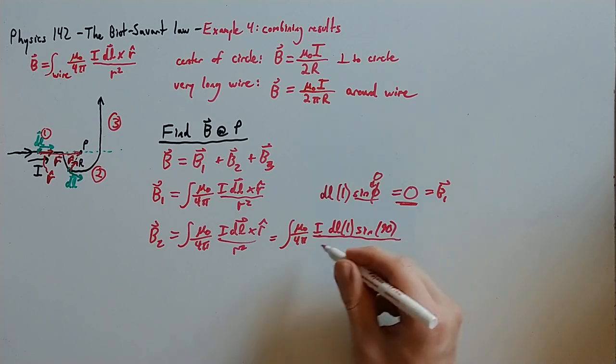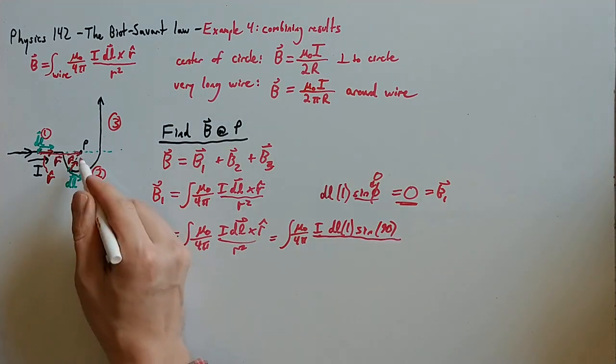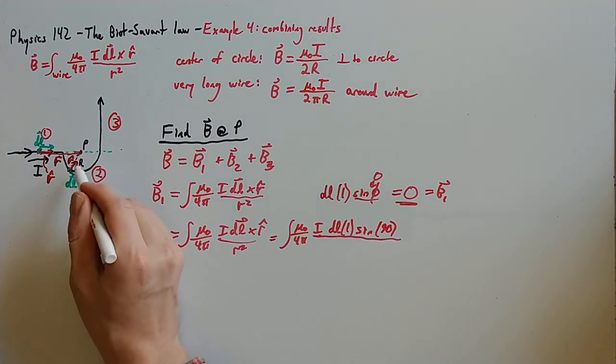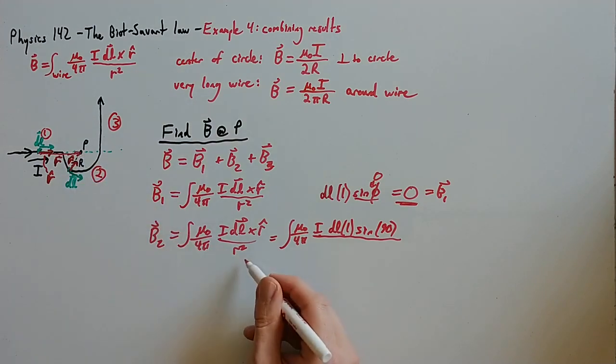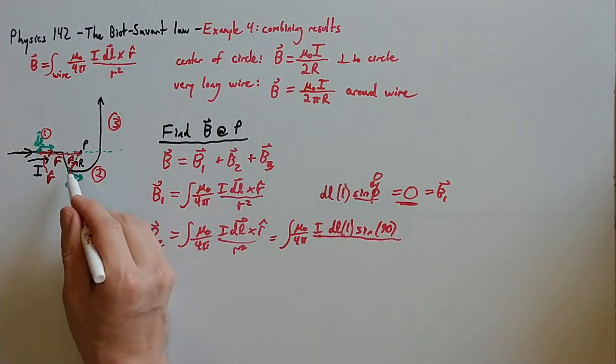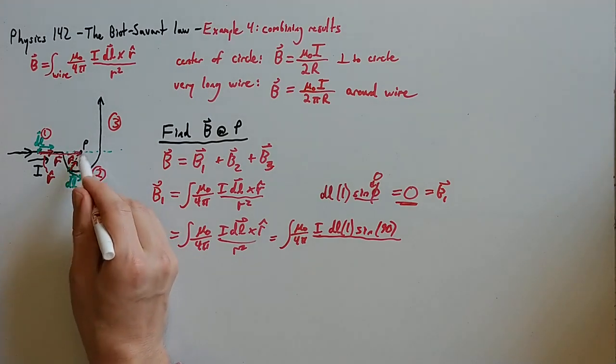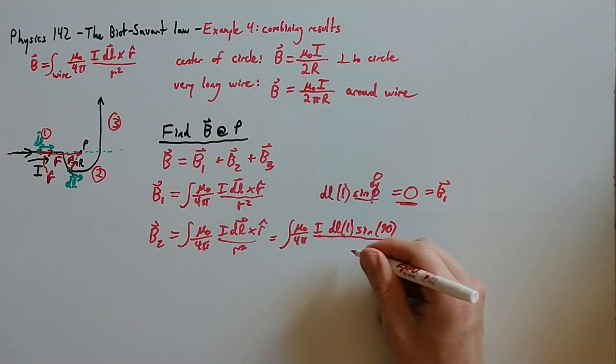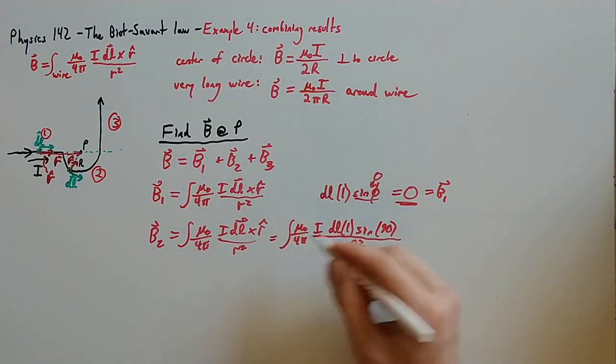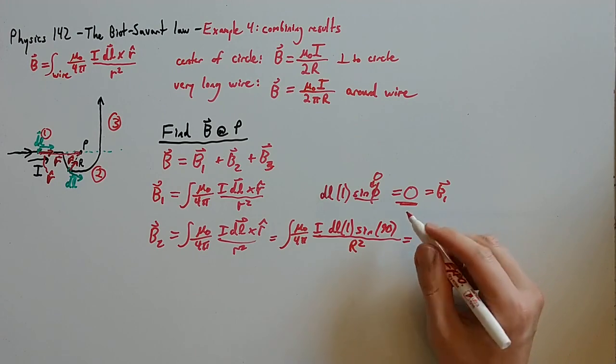And then what's the radius? r is the distance from my dl to the point P, and that distance is the radius of the circle, capital R. So we'll plug in capital R squared. And now we want to compute this integral.